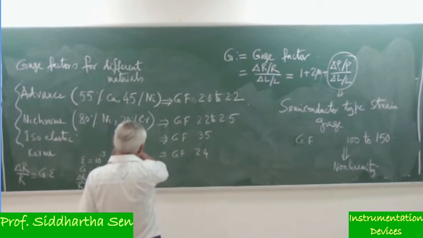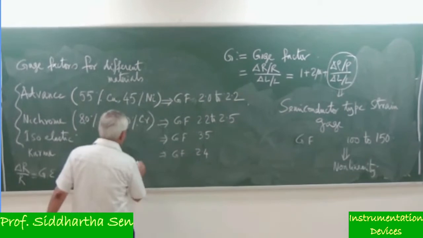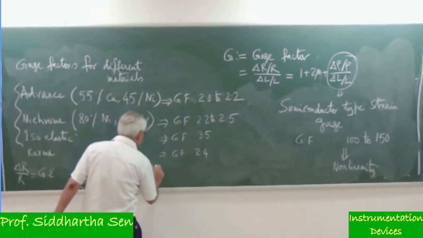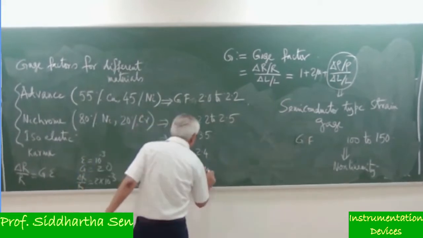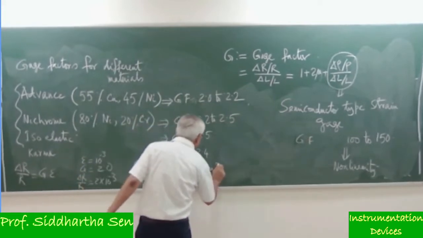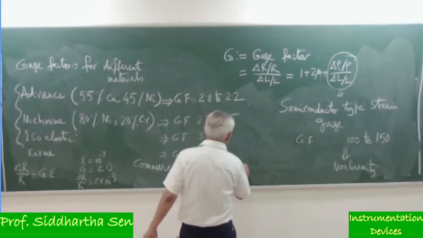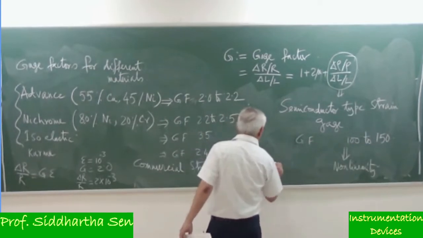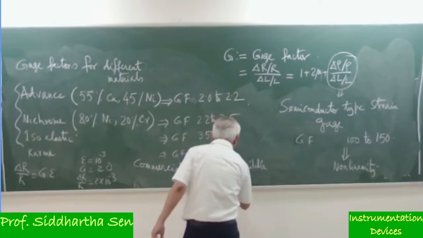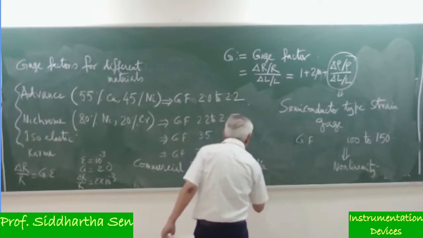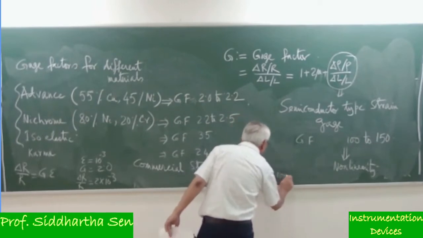Commercial strain gauges are available in certain standard values: 120 ohm, 350 ohm, 1000 ohm, etc.